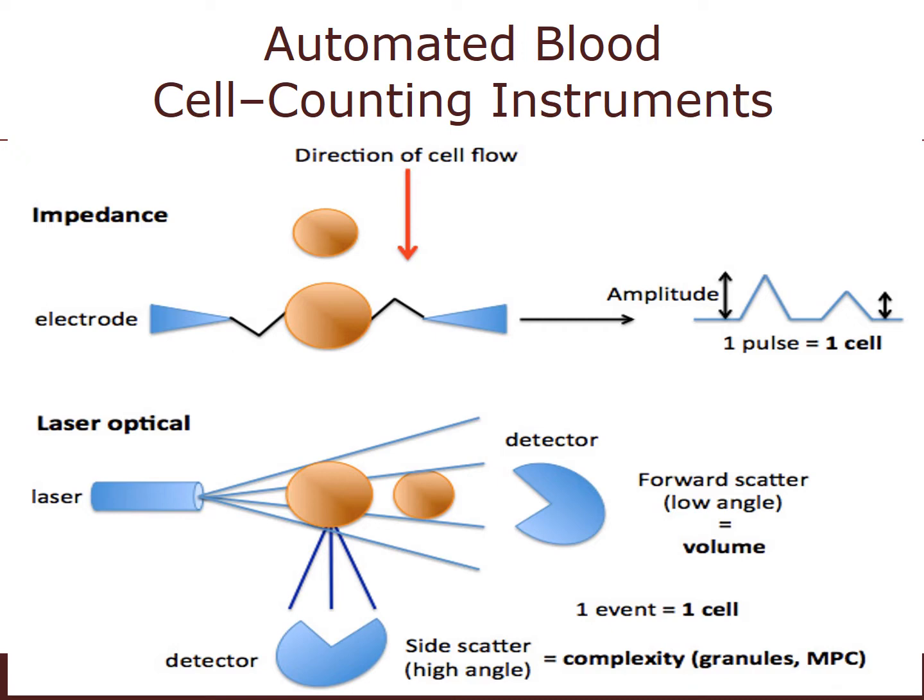So Siemens Healthcare also uses this type of principle for certain types of blood counting, and when we get to the CBC report, I will show you which types of analytes within the CBC report determine the different types of principles.